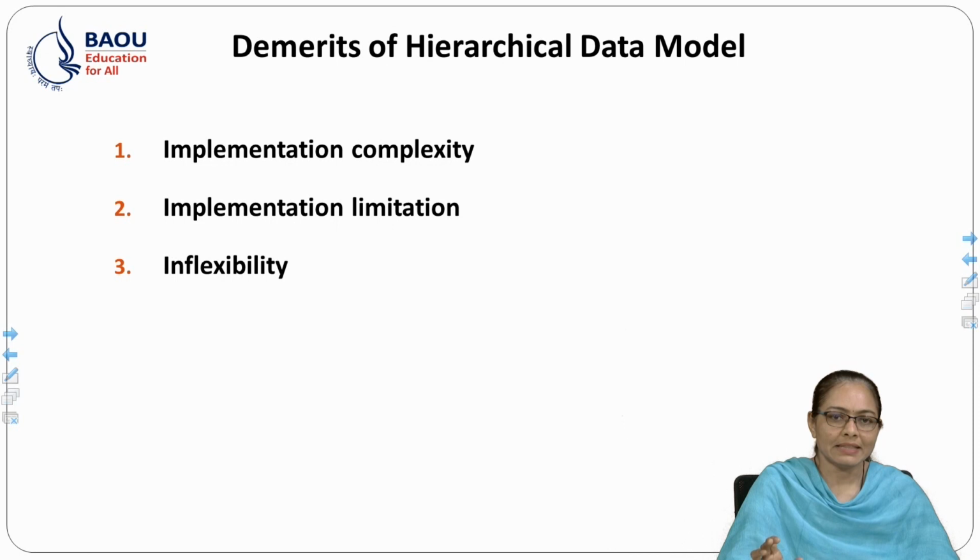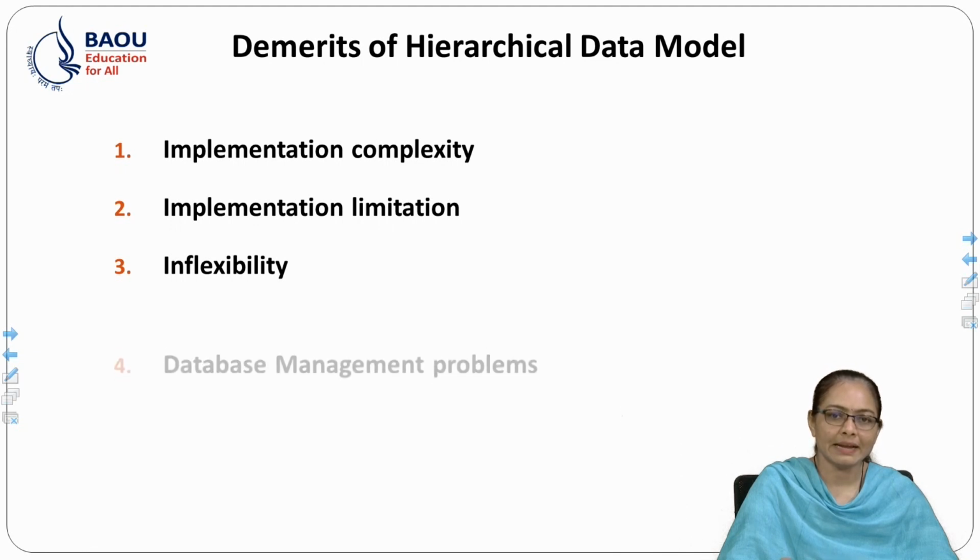If there is any insertion of a new relation or segment, it is a very complex management task. And deletion of a segment will automatically delete all other segments below. So insertion is also difficult, and deletion automatically deletes the next level. So there is inflexibility in the tree structure for insert and delete operations.